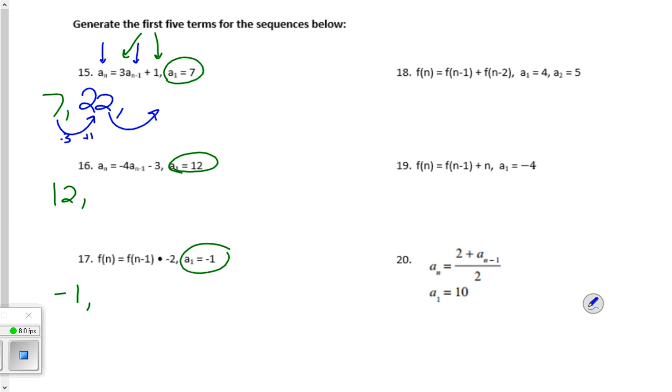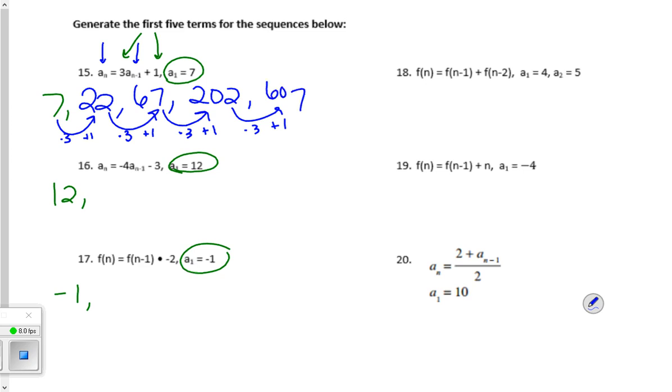So then I do it again. 3 times that plus 1. Well, 22 times 3 is 66, plus 1, 67. Then I do it again. Times 3 plus 1. I'm getting out my calculator just for time's sake, so 67 times 3 plus 1. 202. One more number. Times 3 plus 1. 607.